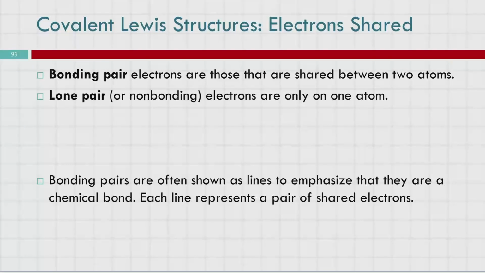So with covalent Lewis structures, this is where our electrons are shared. We've got different types of pairs, pairs being 2 electrons. We have bonding pairs. These are the ones that are shared. Bonding pairs or bonds. And we also have lone pairs or non-bonding electrons. These are only on 1 atom.